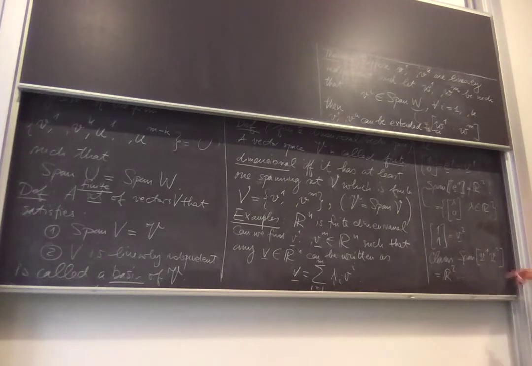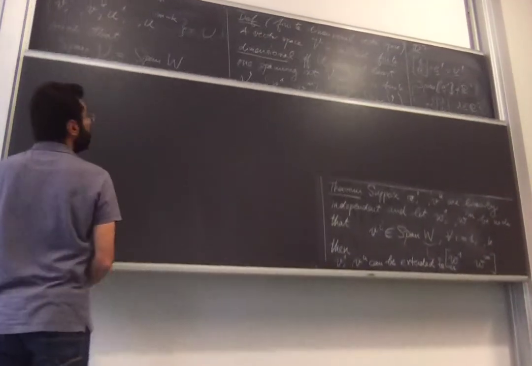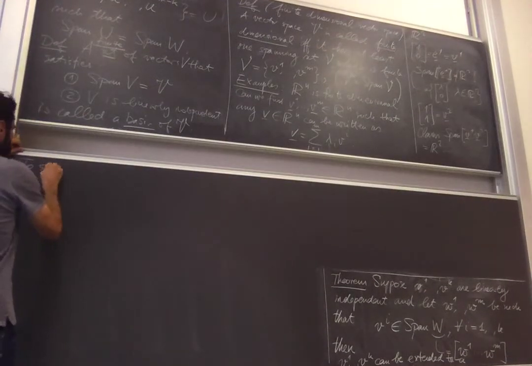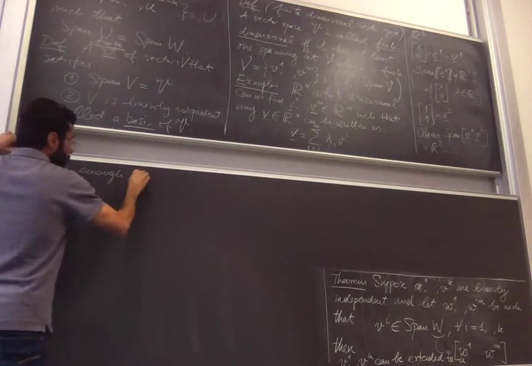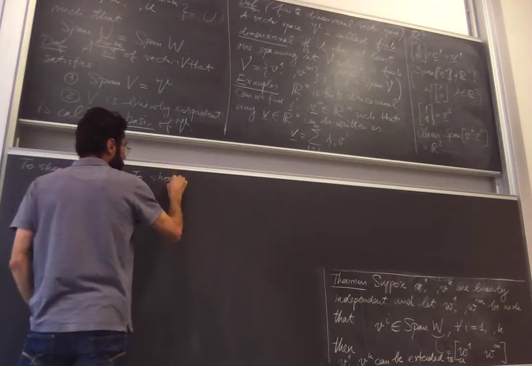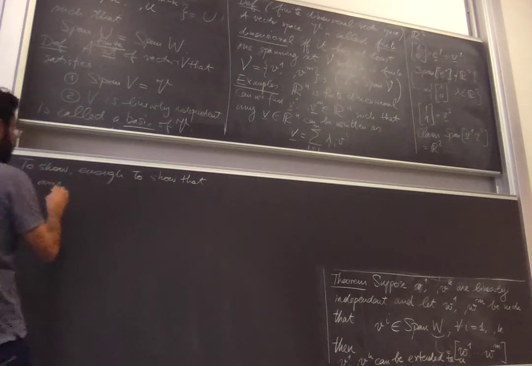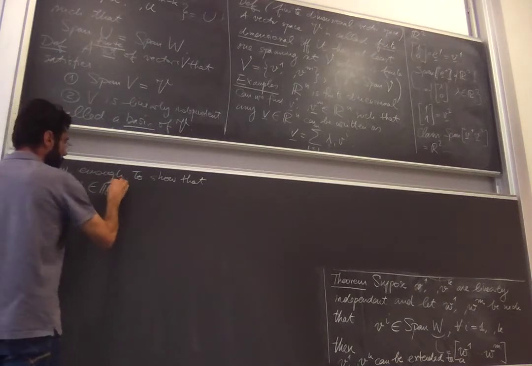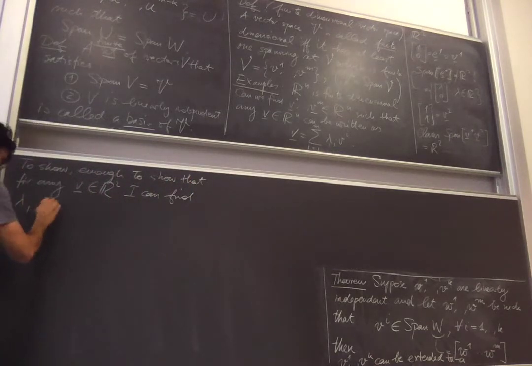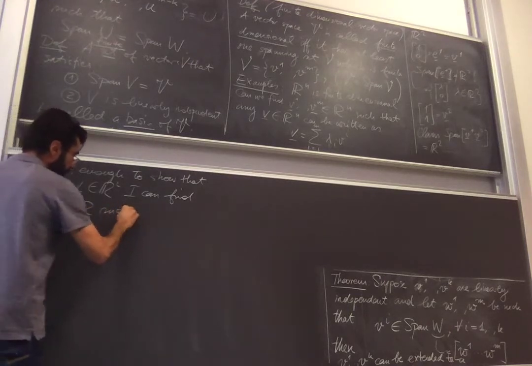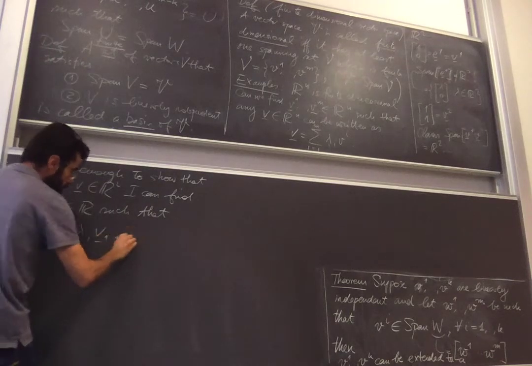So my claim: let me show that. It's enough to show that for any vector v in R2, I can find two coefficients lambda 1 and lambda 2 in R such that v can be written as lambda 1 V1 plus lambda 2 V2.